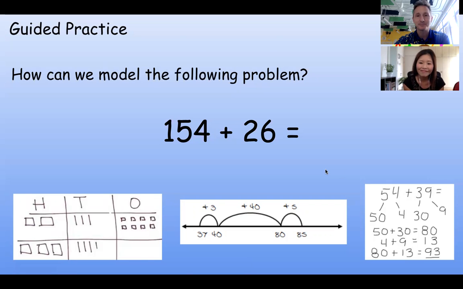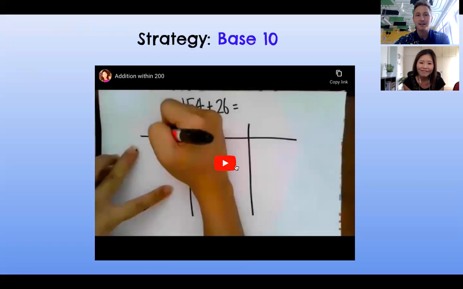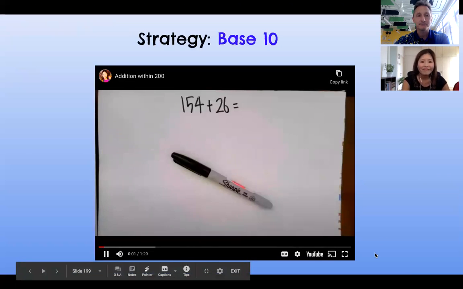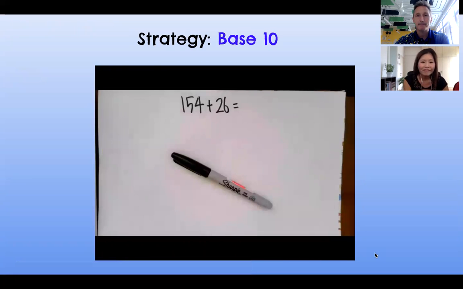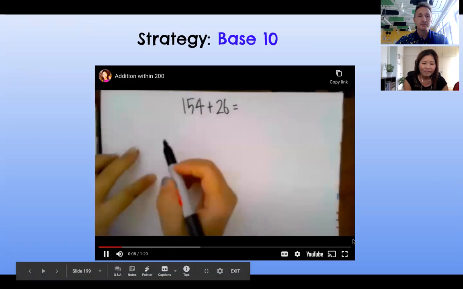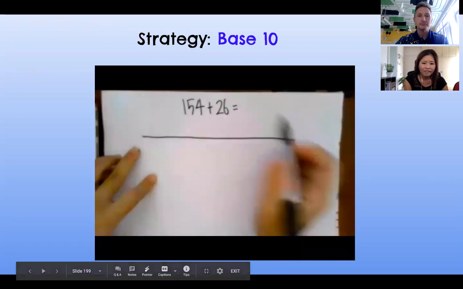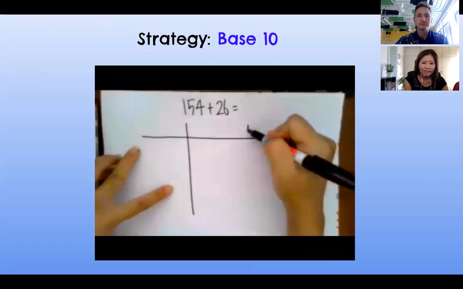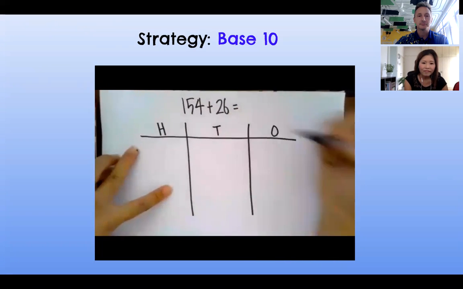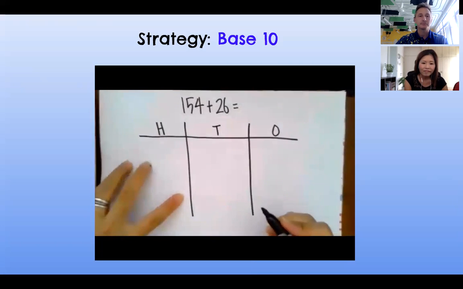Here we go. Okay, welcome back. Here is the first video from Miss Yuka. I'm going to add these numbers using the base 10 strategy. To organize my thinking, I'm going to draw a quick place value map. I can keep my hundreds here, my tens here, and my ones here, right?